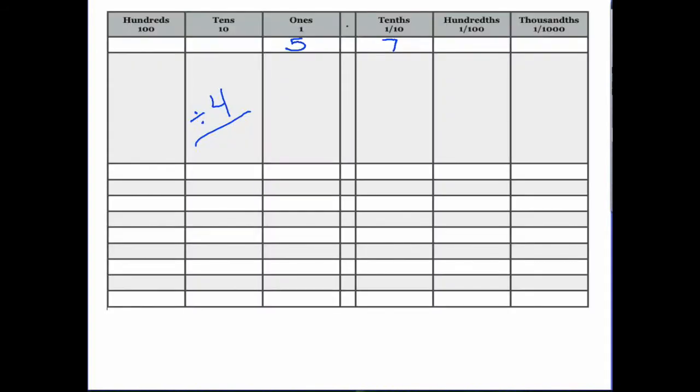So if I divide this number by 4, how many dots are going to be in each circle? If I divide it by 4, how many lines below do I need? 4. 1, 2, 3, 4.